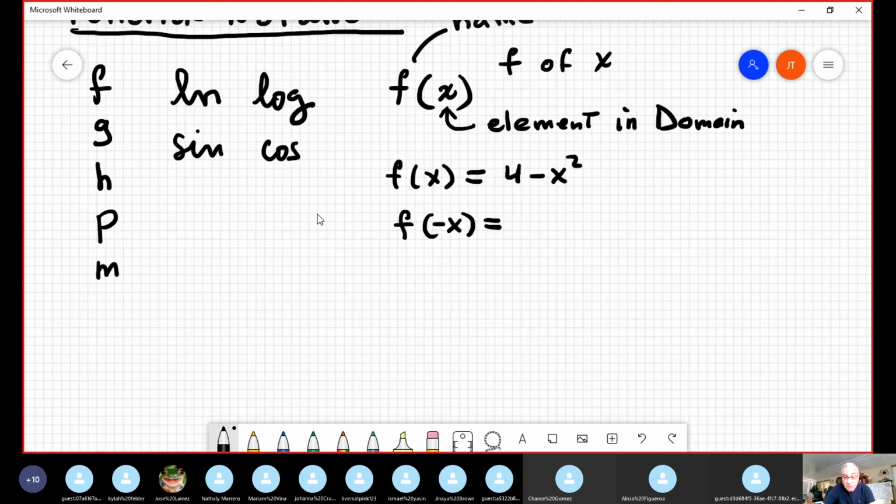I promise, not today, Friday, we study transformation in detail. But this is just an introduction. And what is the convenience of using function notation to see the transformation more clearly? Okay, so we are doing a transformation. 4 stays the same, and you replace x for negative x, like that. And leave it like that?